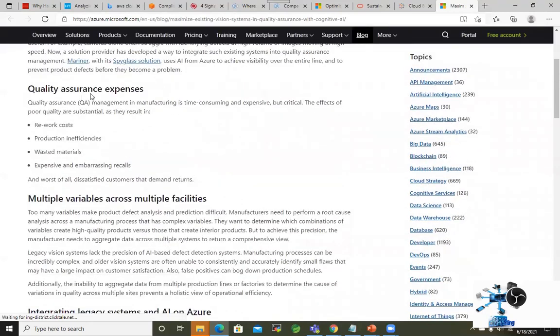Quality assurance management in manufacturing is time consuming and expensive, but critical. The effects of poor quality are substantial, and if the quality is low, this is what happens: rework, because it's not up to the standards. So it's cost, production inefficiencies, waste of material, expensive recalls.